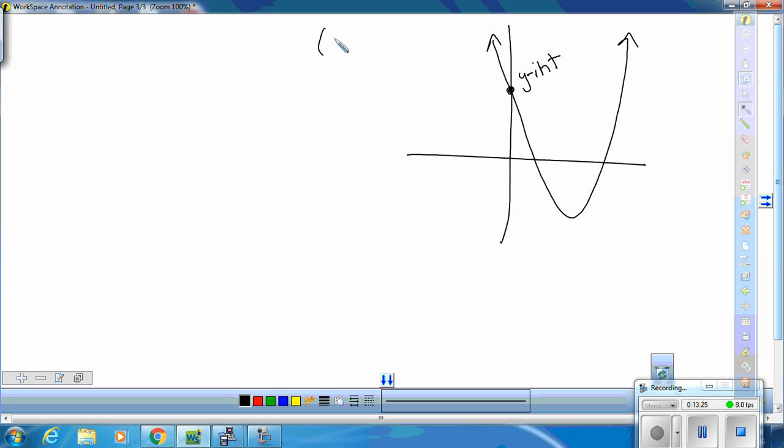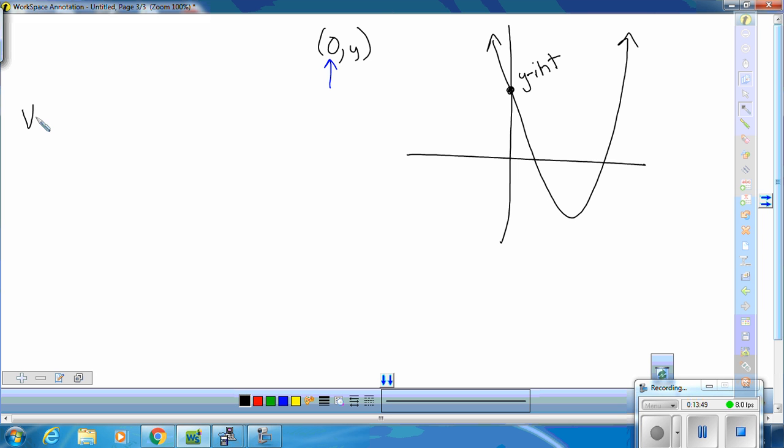All the points on the y-axis are 0, something: 0, 1; 0, 2; 0, 3; it's 0, y. So anytime I'm trying to find the y-intercept, I just have to plug 0 in for x.